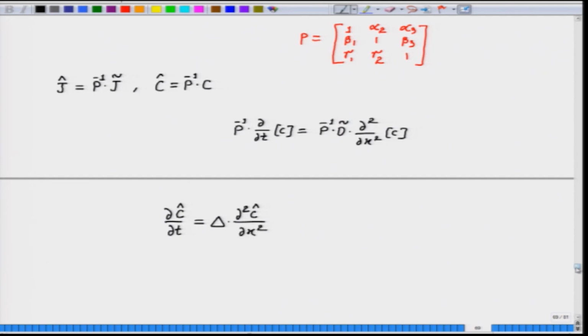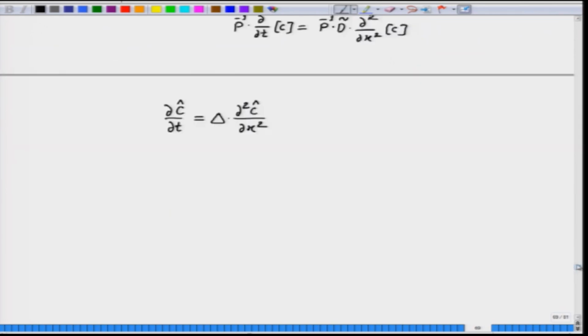So, we now by the transformation got the diffusion equation in a simpler form. In terms of individual components of this, right, C cap would be a column vector of C 1 cap, C 2 cap and C 3 cap, and delta is a diagonal matrix.